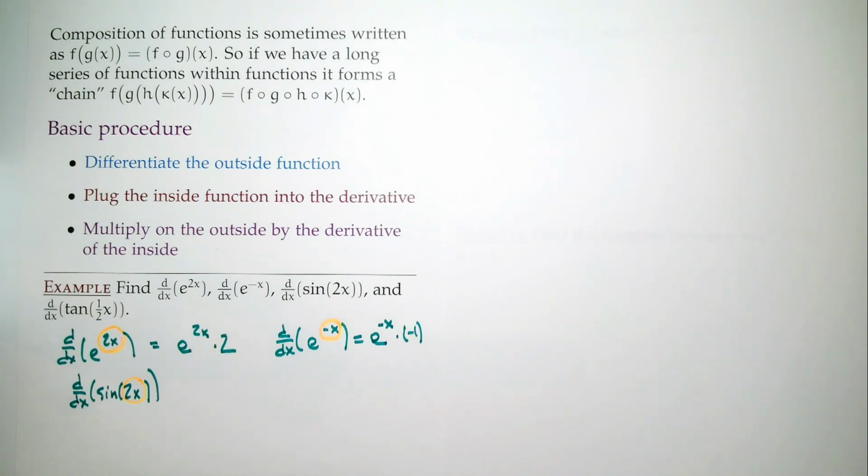So we start by saying, okay, what's the derivative of sine? It's cosine. So the derivative of the outside is cosine. Plug in the inside, we leave that alone. Times the derivative of the inside, the derivative of 2x, 2. 3 for 3. Wow. And if you might remember, it was not so easy when we did these before.